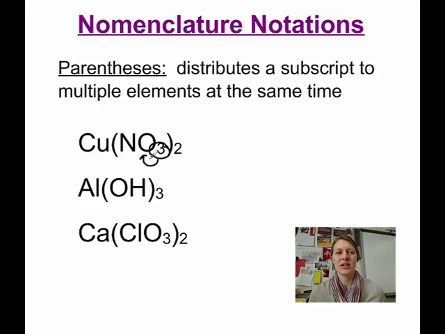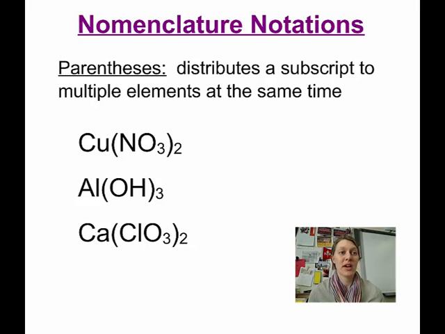But we also have this other subscript, the 2, on the outside of the parentheses. That subscript is going to be distributed to both the oxygen and the nitrogen. Let's erase those lines there.